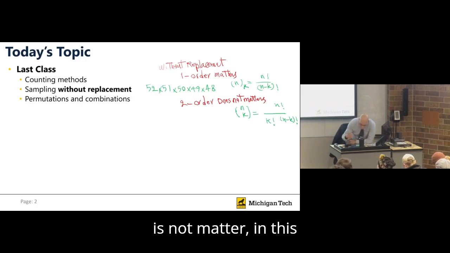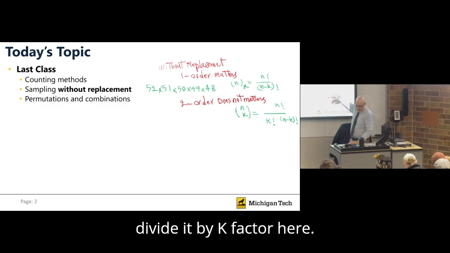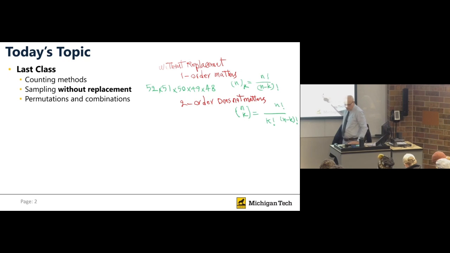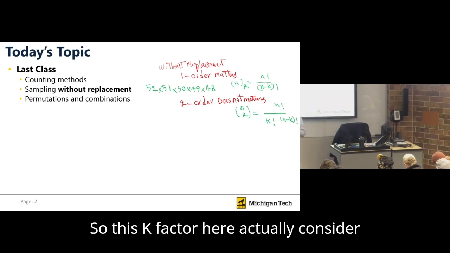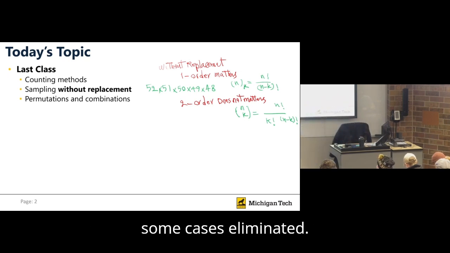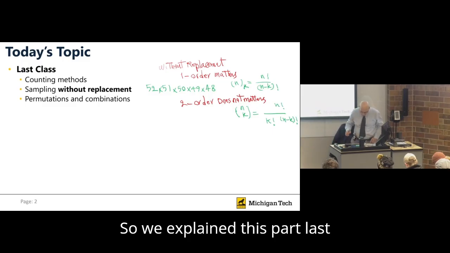But if the order does not matter, you need to divide by k factorial, which eliminates some cases. So we explained this part last class.